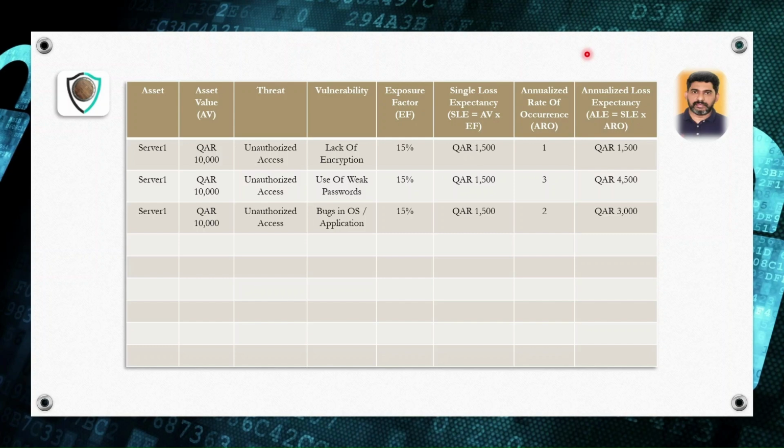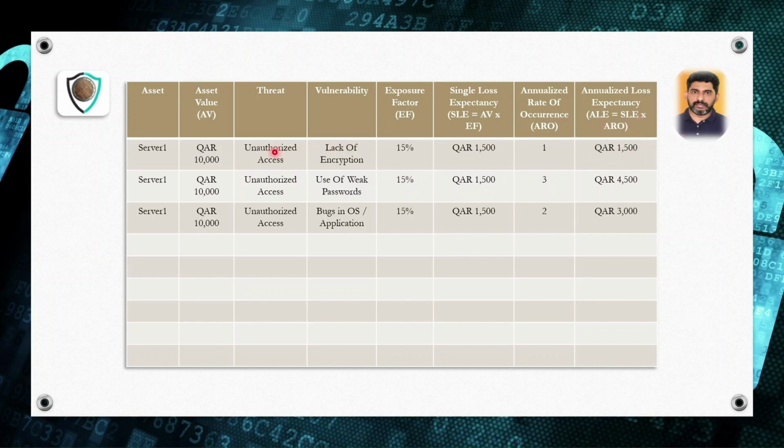Maybe there are certain changes in the terms that we use. And then finally, we will calculate the risk or the annualized loss expectancy. And ALE, annualized loss expectancy, is calculated from SLE and ARO. SLE times ARO gives your risk.